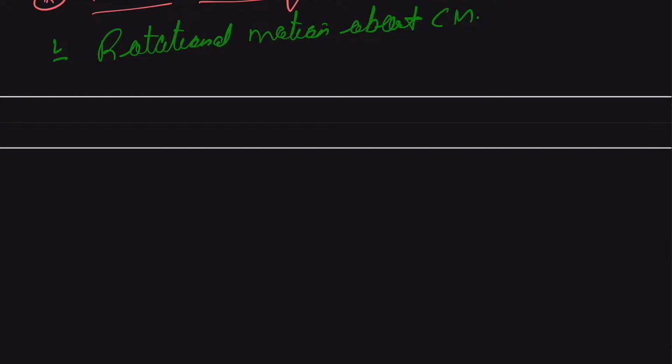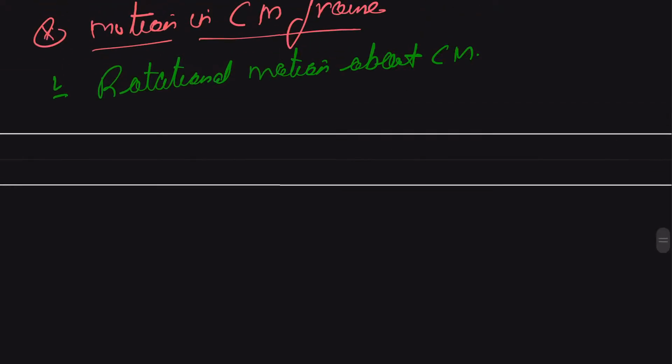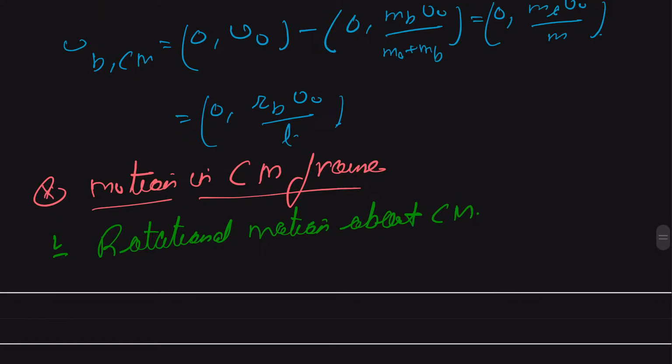Therefore, we can just draw an approximate figure: if this is a string and this is the center of mass, and this is mass A and we have mass B, both will try to move somewhat like this, because it is going to rotate about the center of mass. Initially the velocity of A was equal to 0 and the velocity of B was perpendicular to this string, which has length L. That was our initial condition.